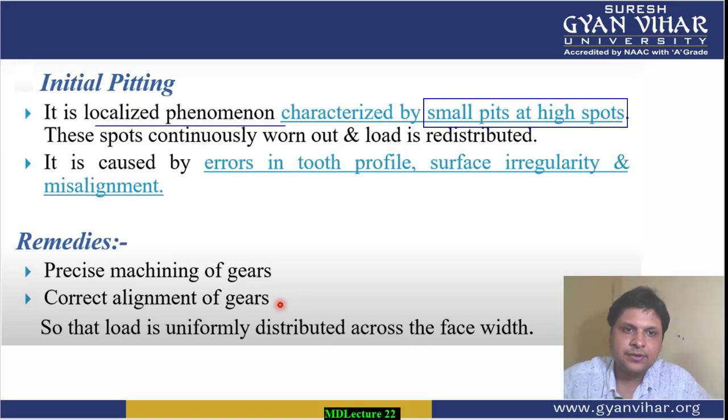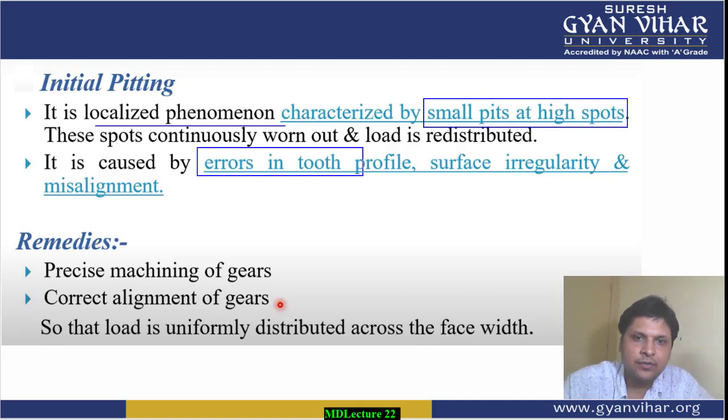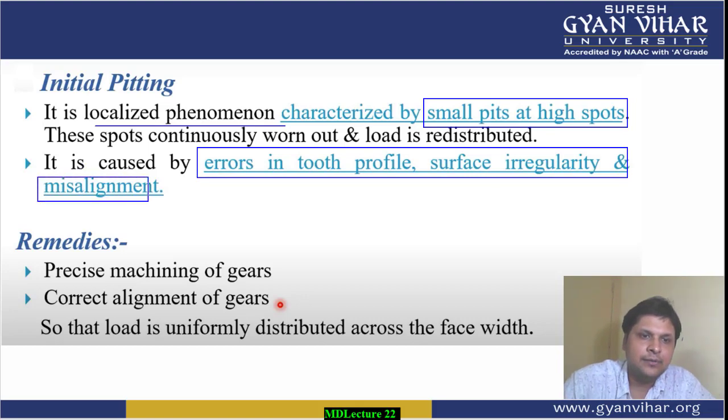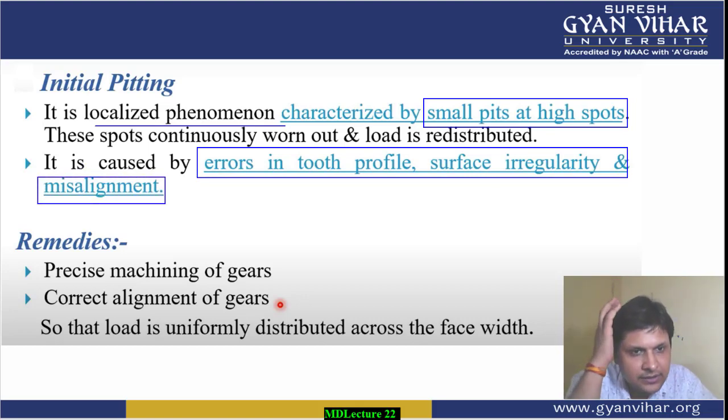These spots continuously wear out and the load is redistributed. And it is caused by what? It is caused by errors in tooth profile, surface irregularity and misalignment. So there are three causes of initial pitting. One is the error in tooth profile, second is the surface irregularity, and third is misalignment.